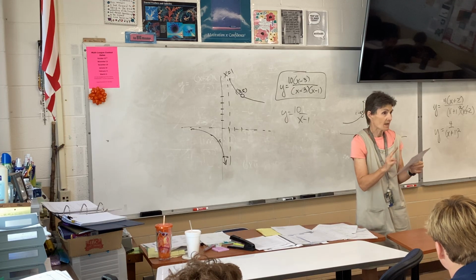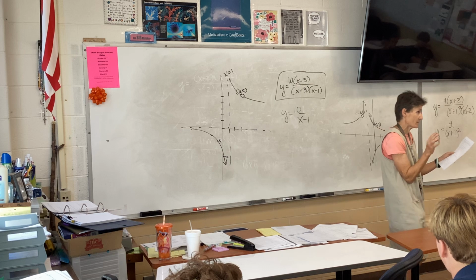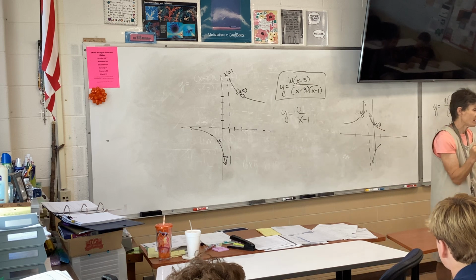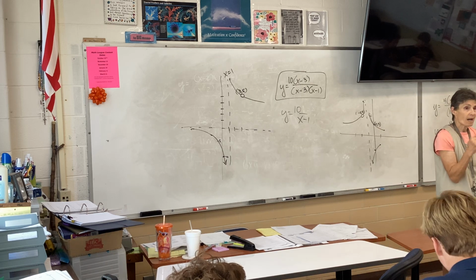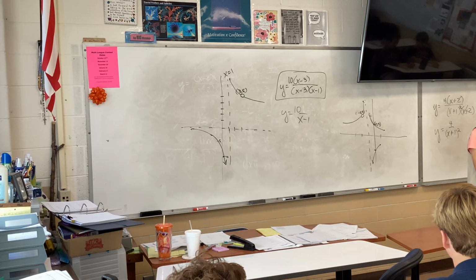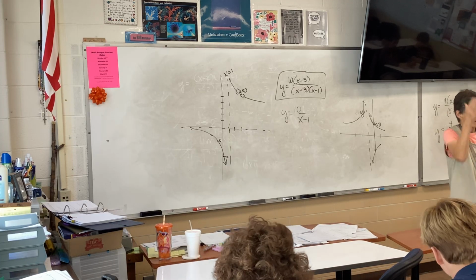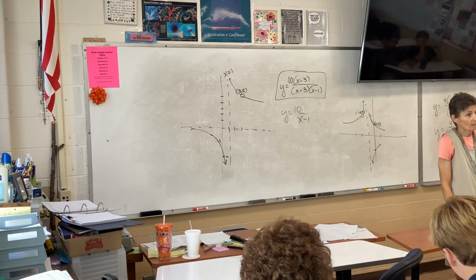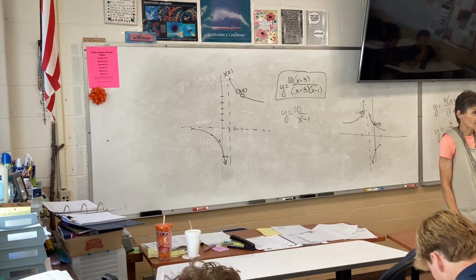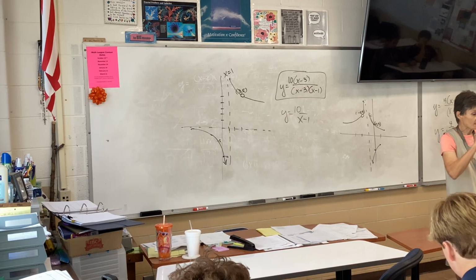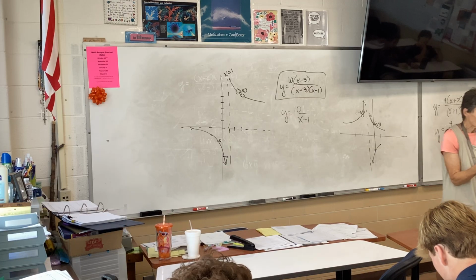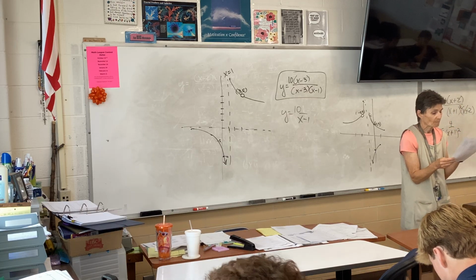You're not going to have anything else. That cannot be. If your denominator is 0, you either cancel it out and have a hole there, or it stays and you have an asymptote there. You're not going to have an intercept there. So that's a never.